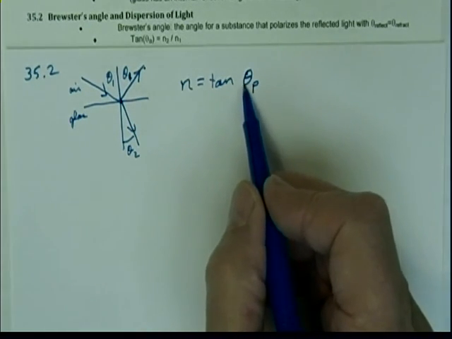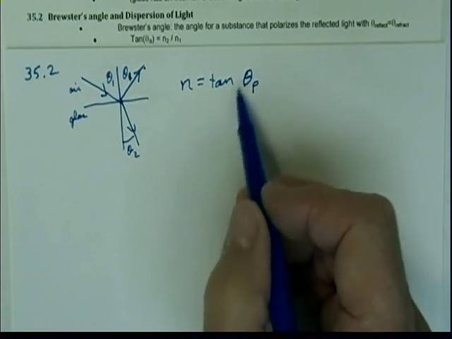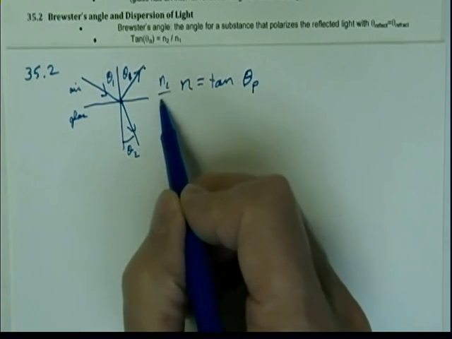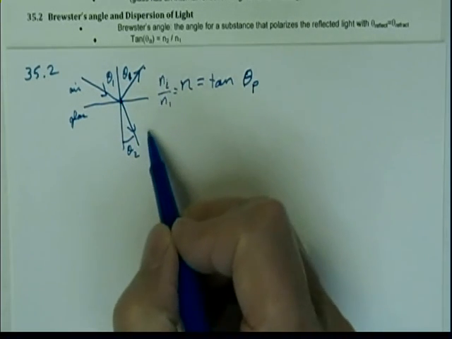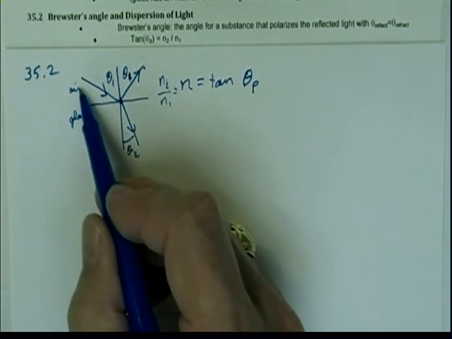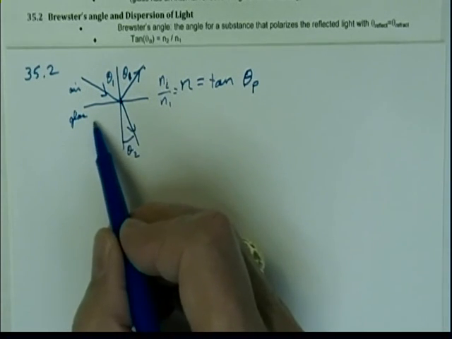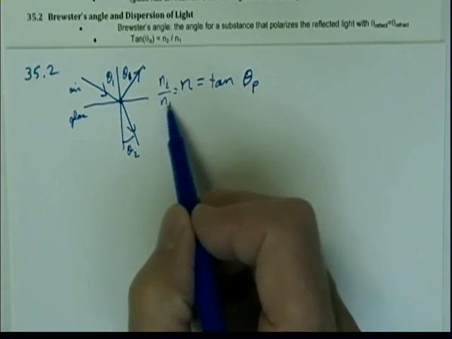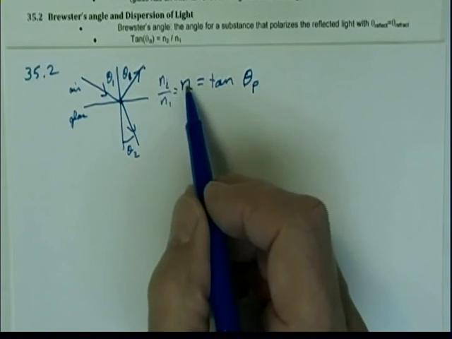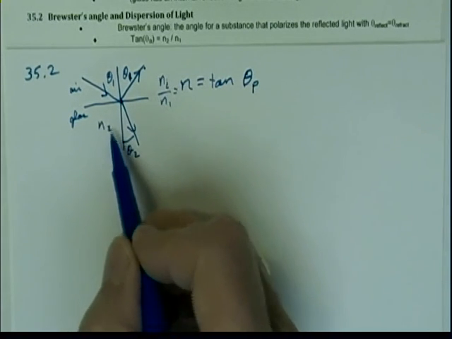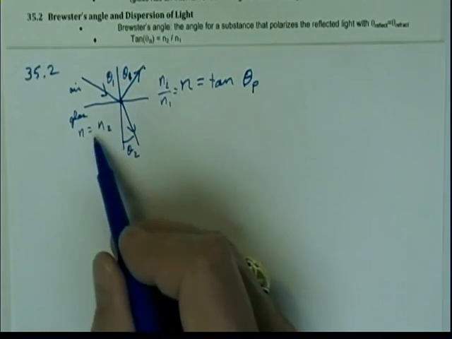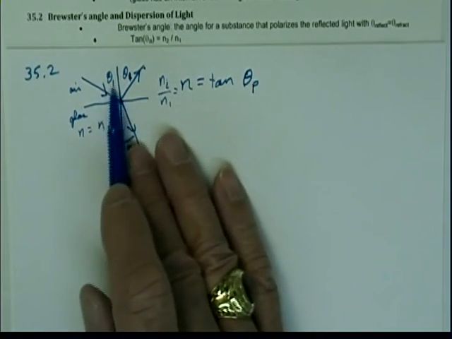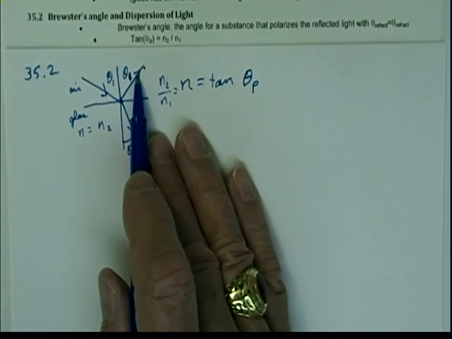Therefore we can solve for theta p, called the Brewster angle, and the tangent of that angle is n, or n2 over n1, the ratio of the two indices of refraction. We're taking air and glass, so this would be n for the glass, or n2, down here in this glass, and n1 for air, or 1. At this angle, this incident light is totally polarized.